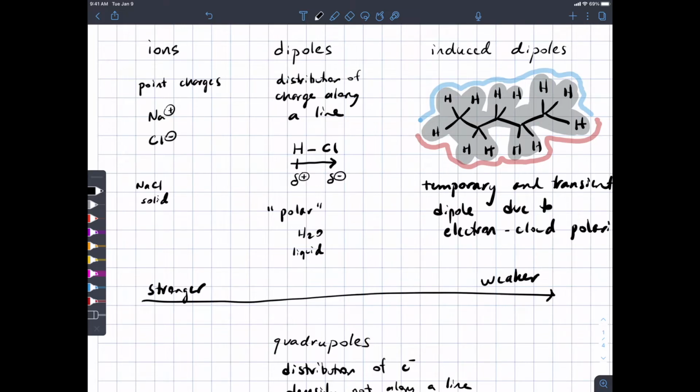They can tumble around and move side to side relative to each other, but the dipole-dipole interactions keep them close enough together that they're not just flying off at infinite distance into the vacuum of space, at least at room temperature. And of course, evaporation happens all the time, and we could talk about that, but we won't.